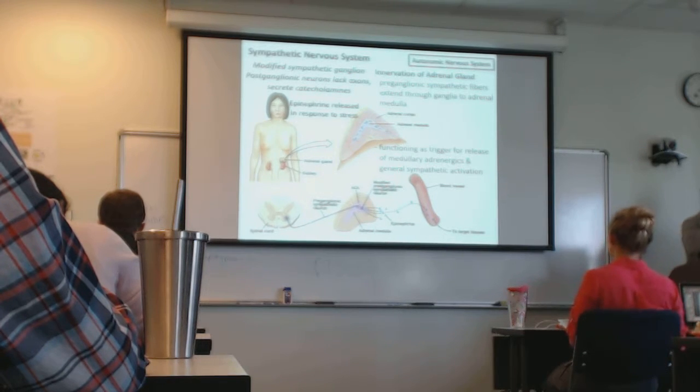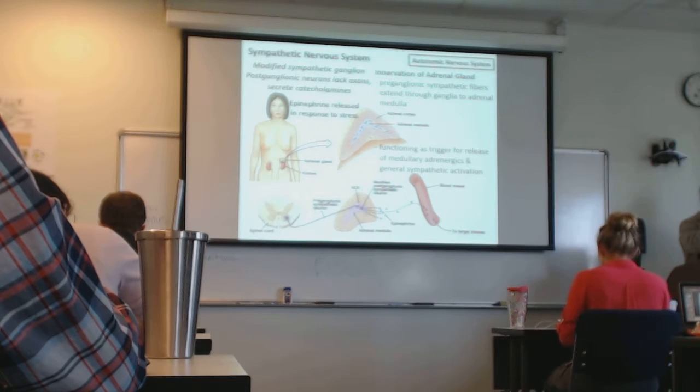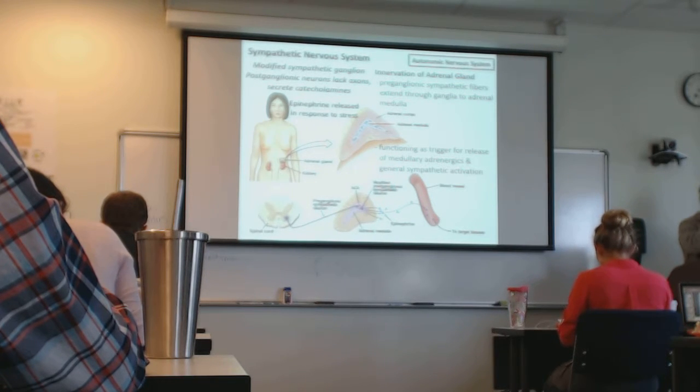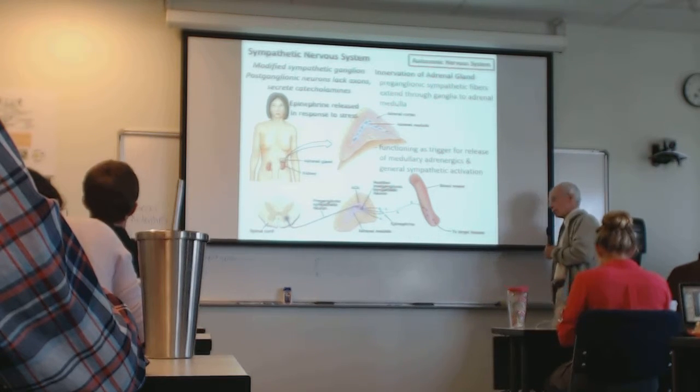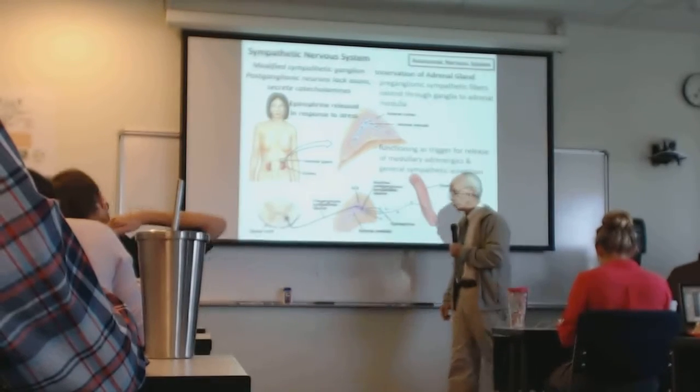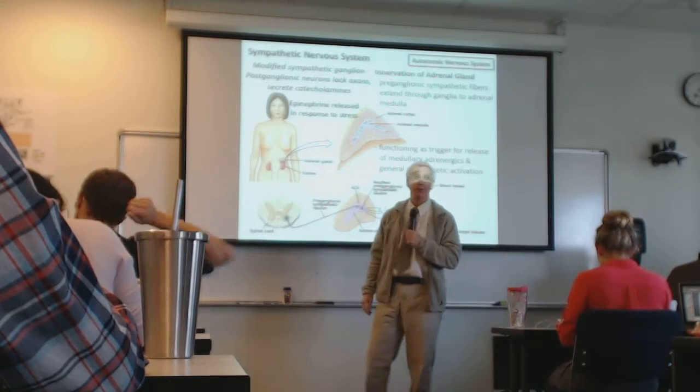Is that true for all sympathetic activation? Like every time there's a sympathetic response, the adrenal glands are stimulated, or is that just in certain pathways? No, I'm trying to think of what you mean by pathway specificity. There just isn't a lot of that in the sympathetic.